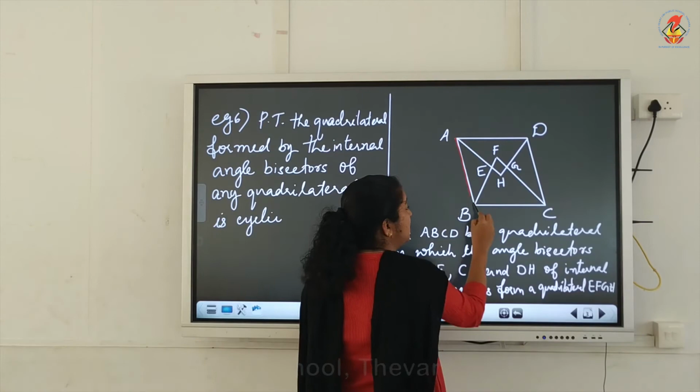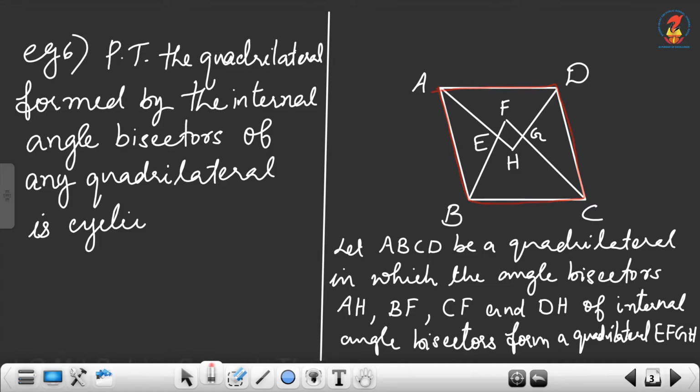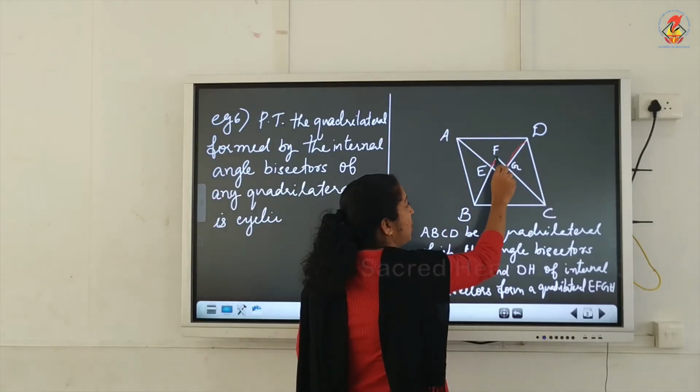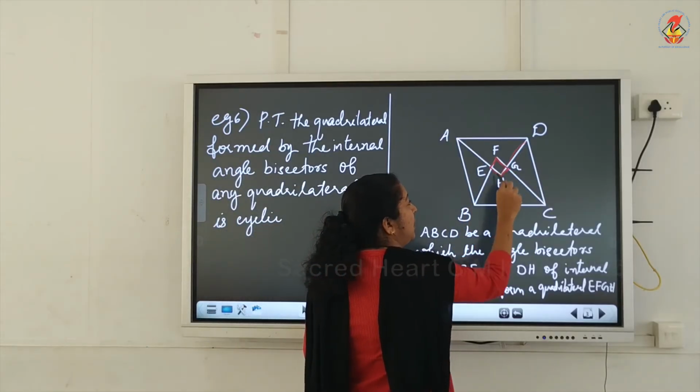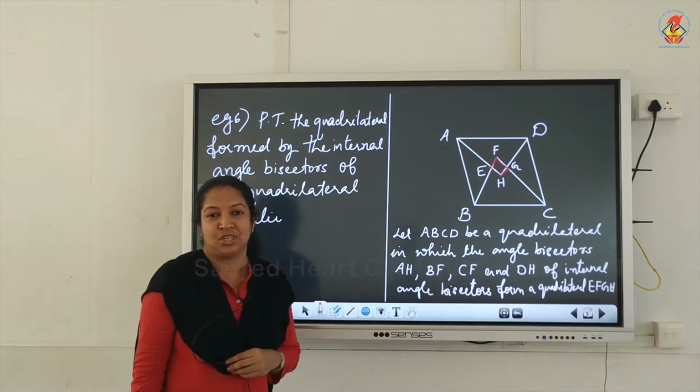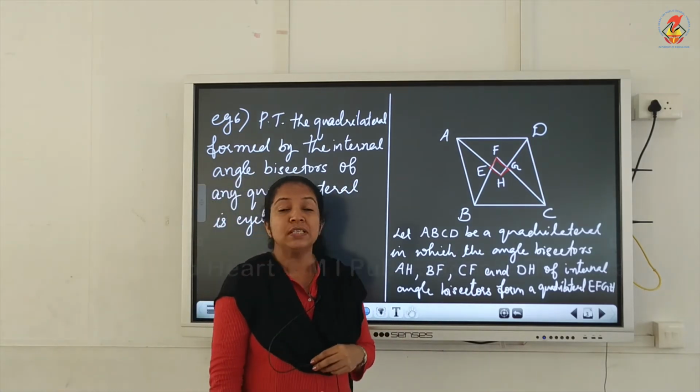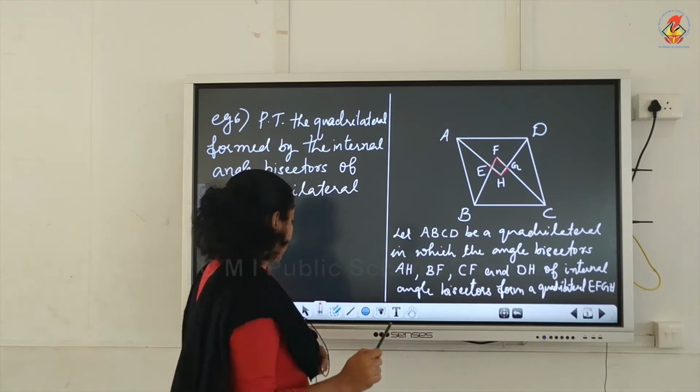So we consider a quadrilateral ABCD in which AH is the angle bisector of A, BF is the angle bisector of B, CF is the angle bisector of C, DH is the angle bisector of D. These form a quadrilateral EFGH. What you have to prove is EFGH is cyclic.